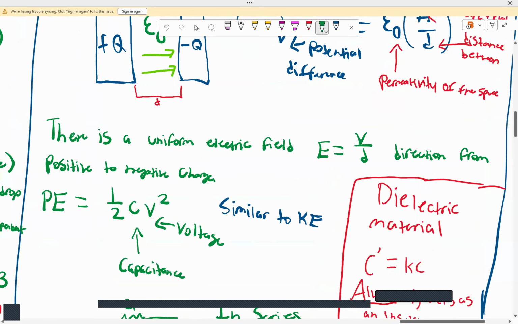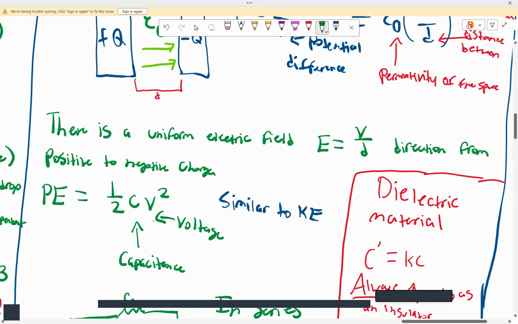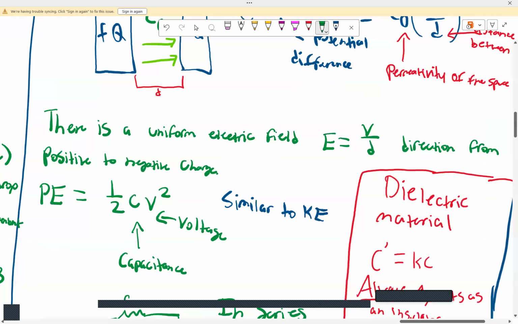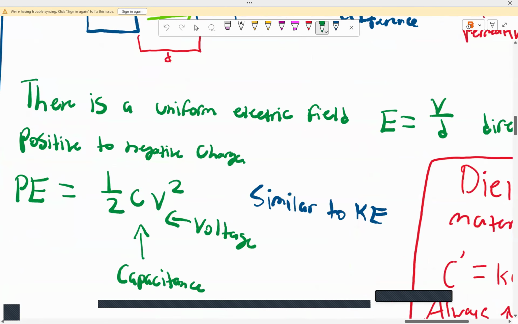Also, I want to talk about the potential energy for a capacitor. Potential energy is equal to 1/2 times capacitance times voltage squared. And if you notice, this equation is pretty similar to something else we've seen. Going back, throwback, Newton, 1/2 mass times velocity squared.